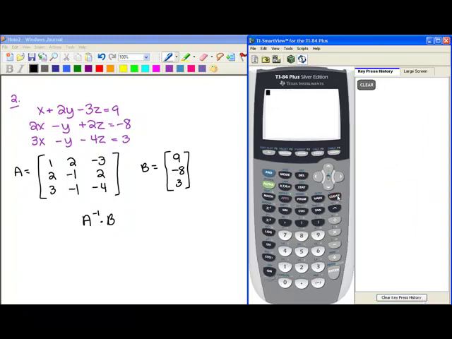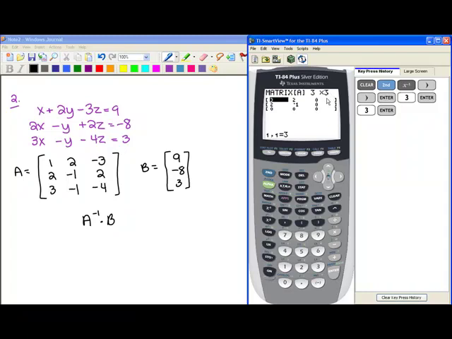I'm going to clear out the calculator. Now let's go enter in matrix A. Press second matrix. Go to the right to edit and choose matrix A. Now notice that it stored the previous matrix here in matrix A. So to enter in our new matrix, we'll just type over what we have. We have a 3 by 3 matrix. Matrix A contains 3 rows and 3 columns.